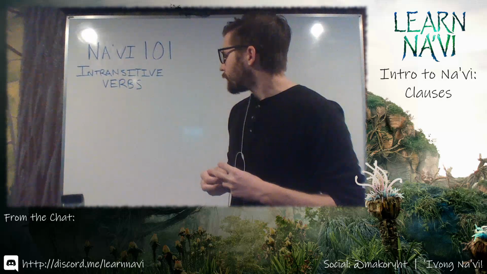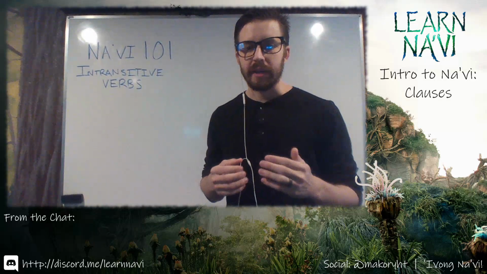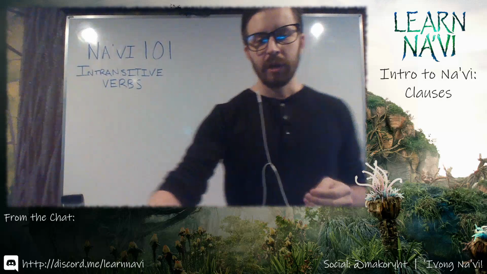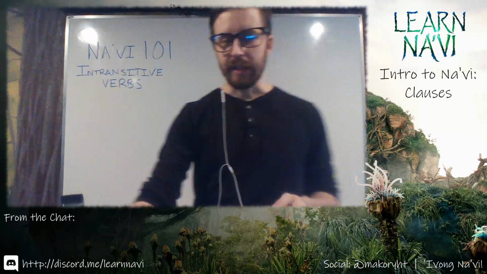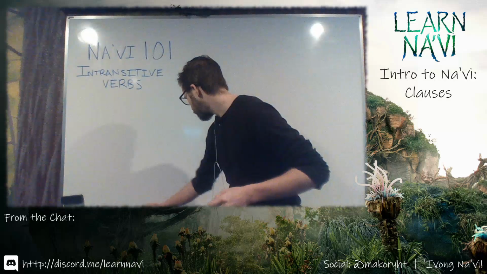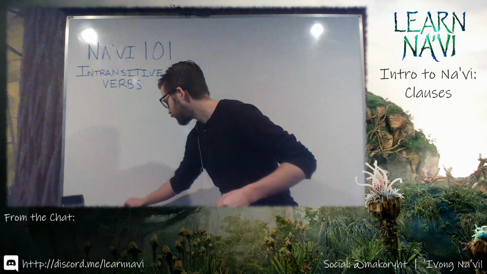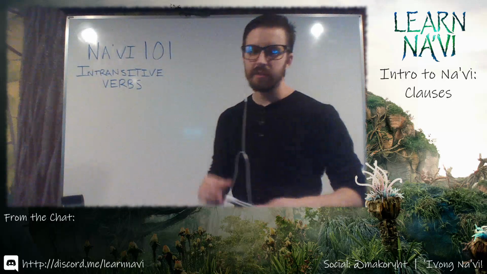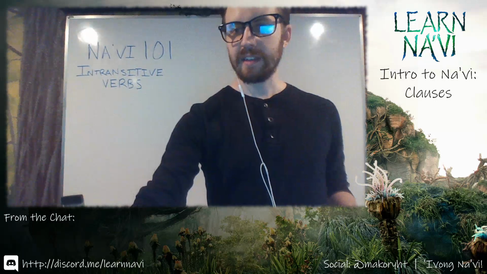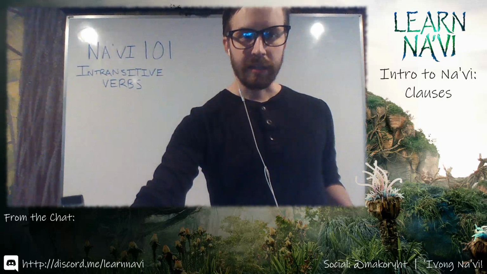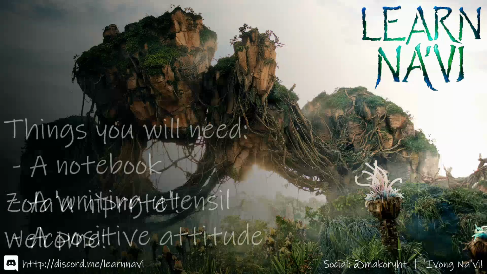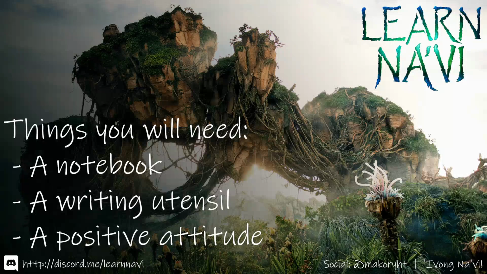So, brief recap on what we've talked about when it comes to verbs so far. When we have been looking at verbs, what we've been looking at is transitive verbs up to this point. And with this, we've been looking at two basic case endings that we use in order to get the sentences that we want to work with here.